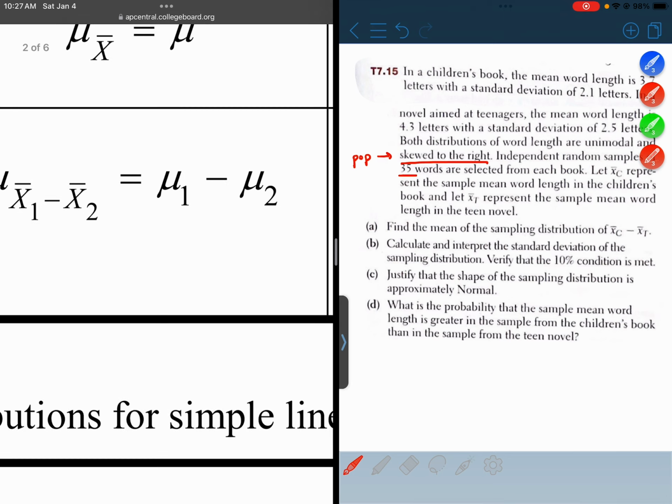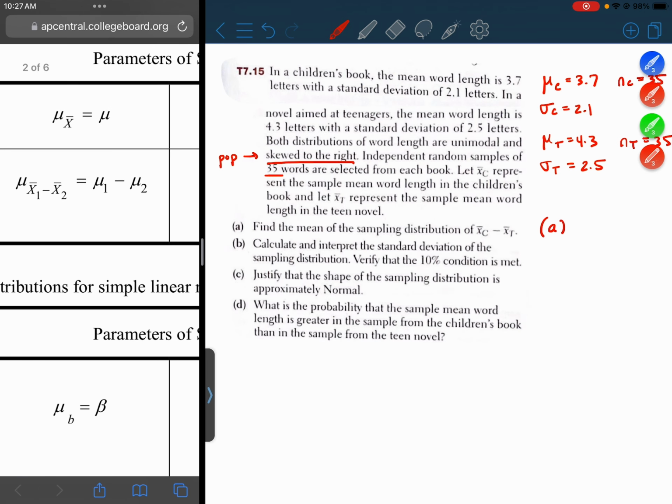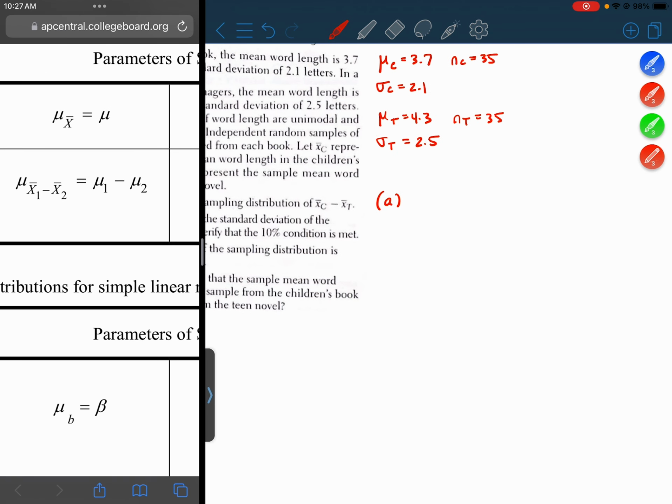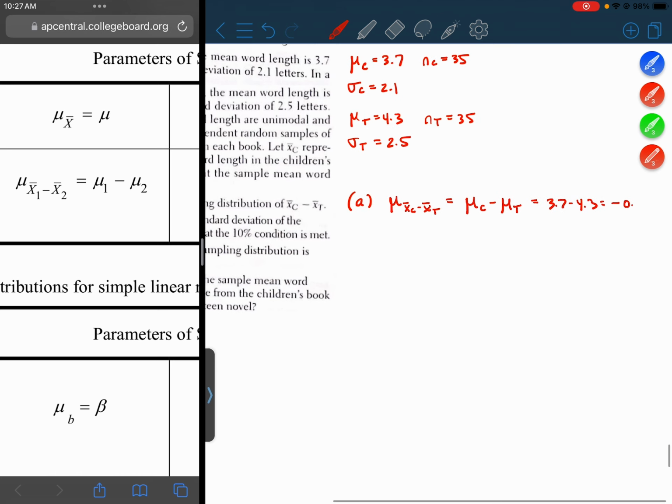Mu1 minus mu2, or in this case, mu C minus mu T. So the mean of X bar C minus X bar T is simply the difference in the population means, mu C minus mu T. So 3.7 minus 4.3, which is negative 0.6.